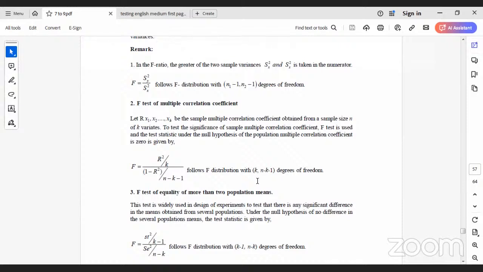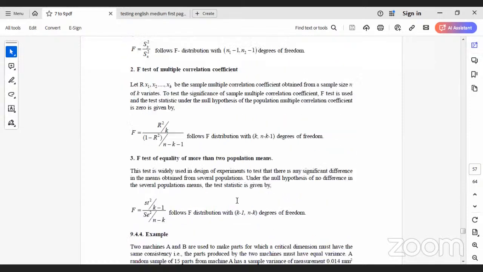The test statistic under the null hypothesis that the population multiple correlation coefficient is 0 is given by F is equal to R square by k divided by 1 minus R square by n minus 1 minus k. It follows the F distribution with k, n minus k minus 1 degrees of freedom.